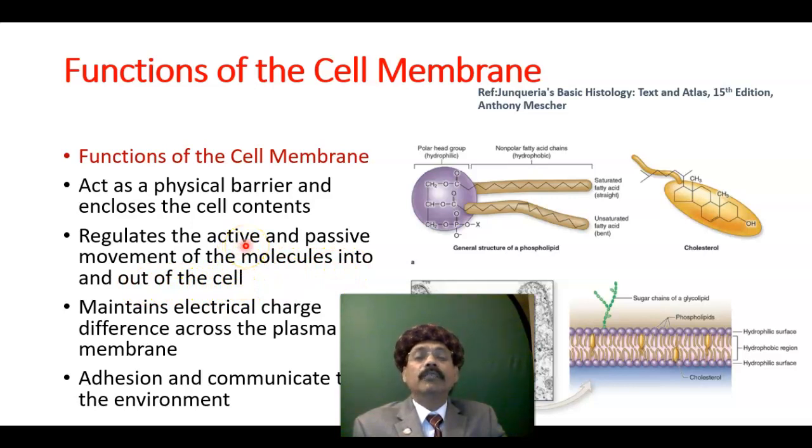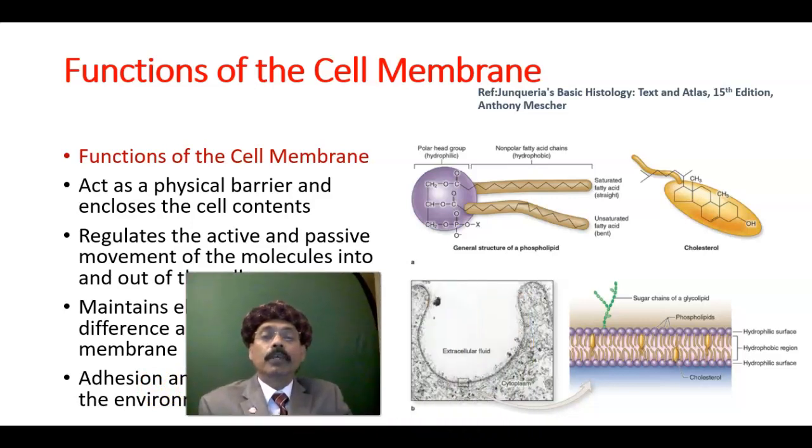Active movement needs energy, passive movement doesn't need energy, but facilitated diffusion needs the help of the protein. It maintains the electrical charge difference across the plasma membrane, and the cell membrane also has another function: to adhere to other cells and to communicate with other cells and with the environment.